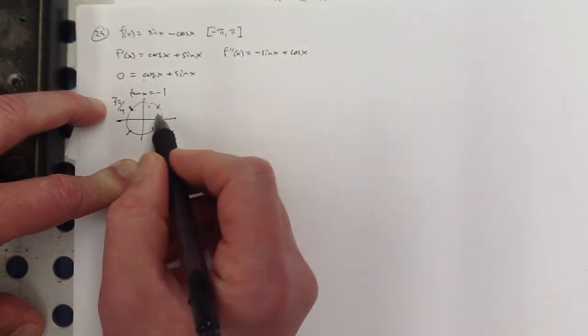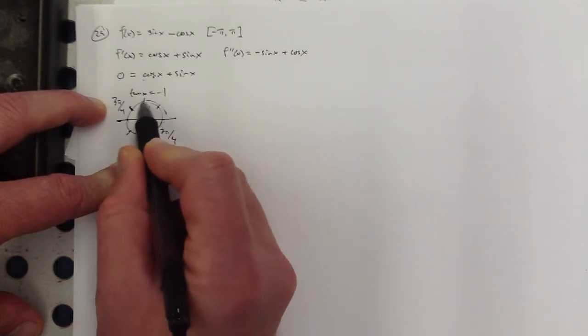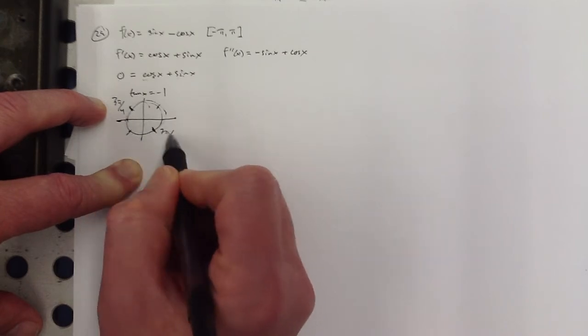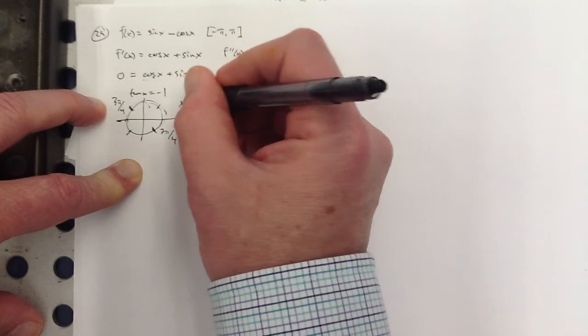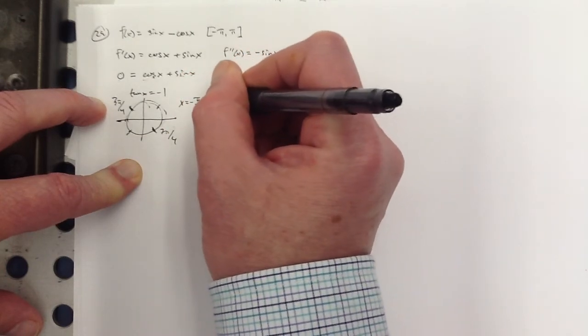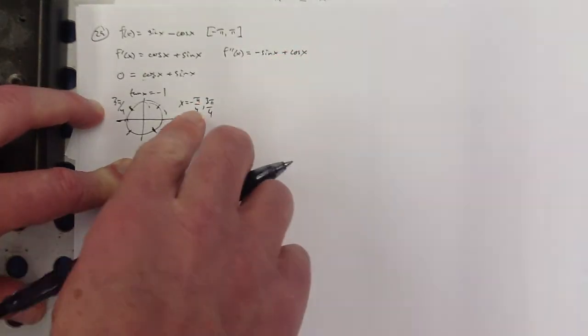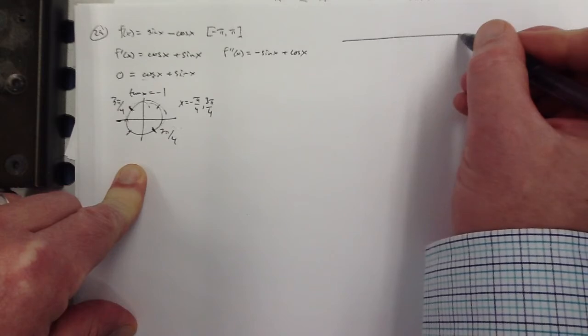So if you think about starting at -pi and then going around to positive pi, we're going to hit 2 of them, but it's not 7 pi over 4 here. It's -pi over 4 and 3 pi over 4. Those are the places where the first derivative is equal to 0.